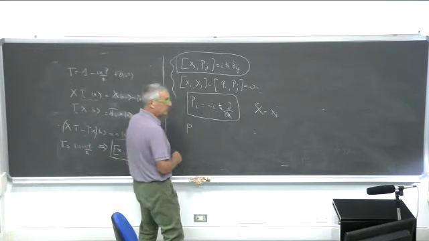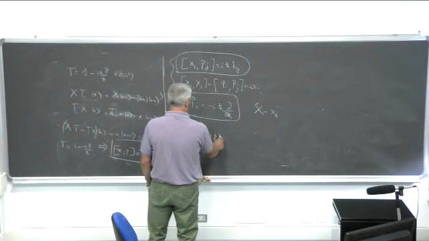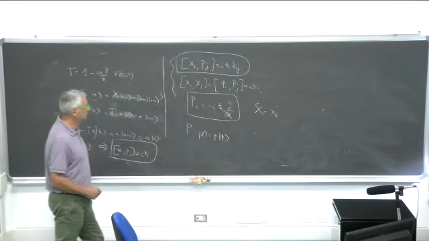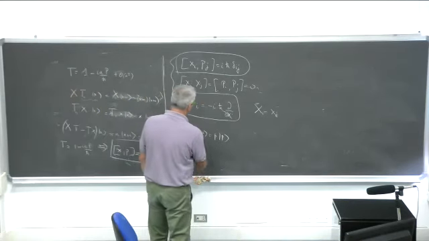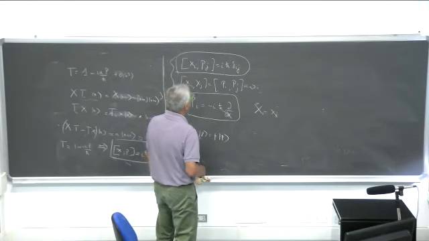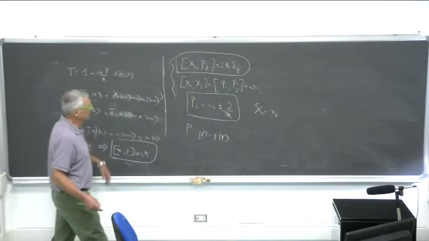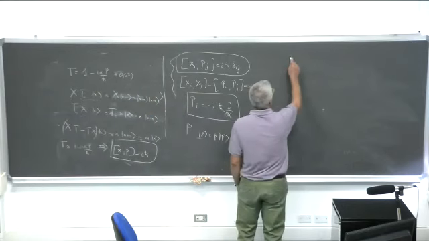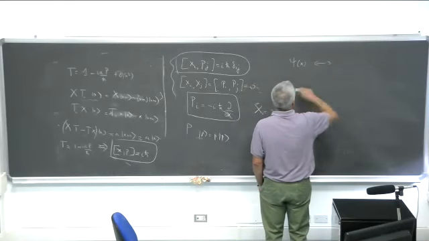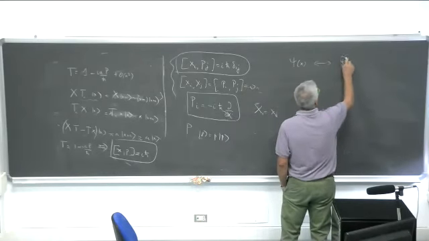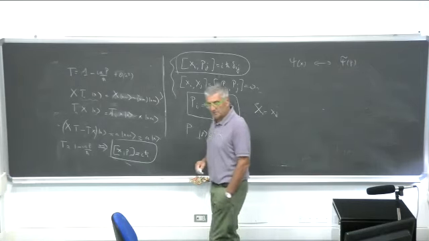You use states such that this is true, and as we will see next time, this will amount essentially to doing a Fourier transform. So if in the x coordinate we have a function psi of x, using p we will have psi tilde of p, which is just the Fourier transform of psi of x.